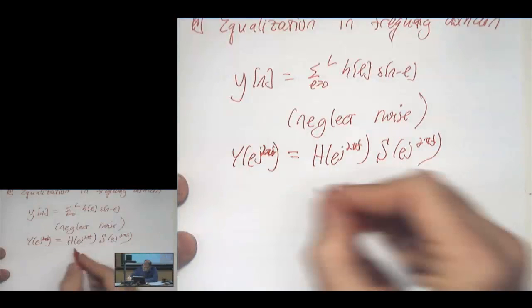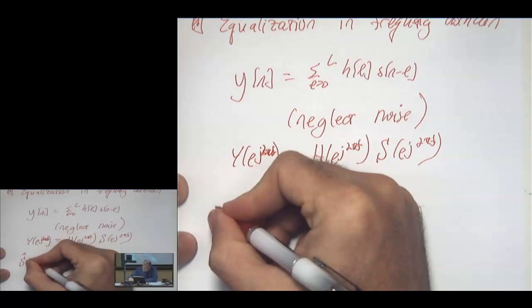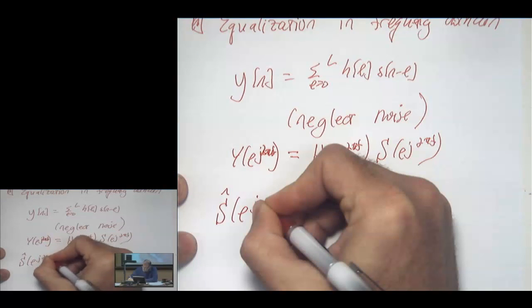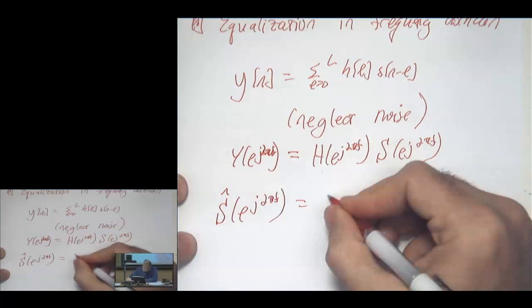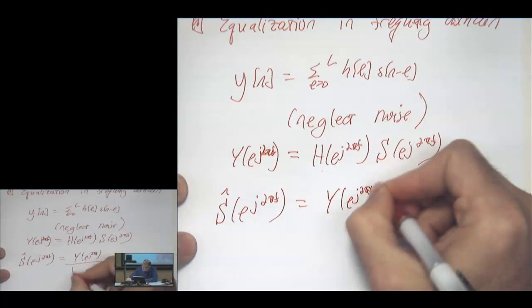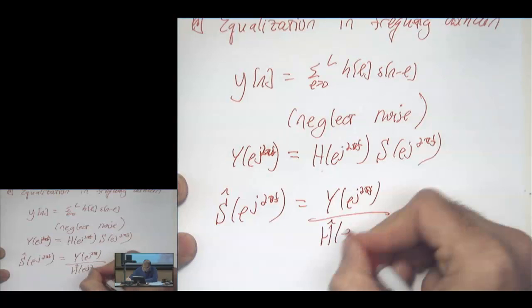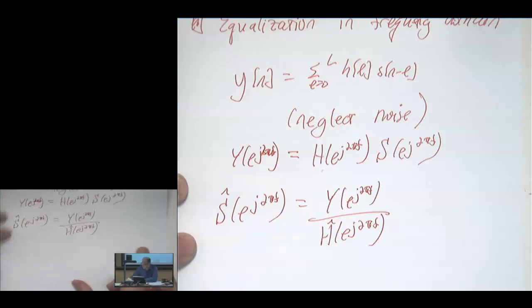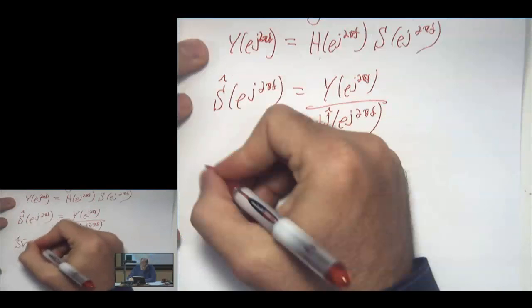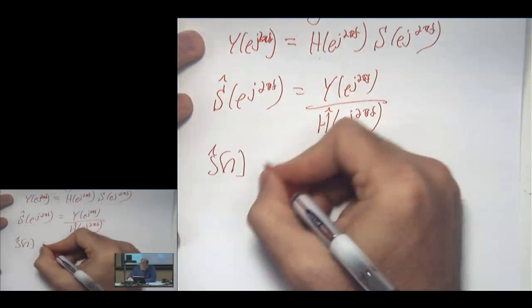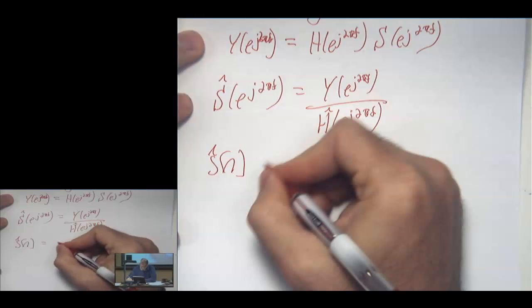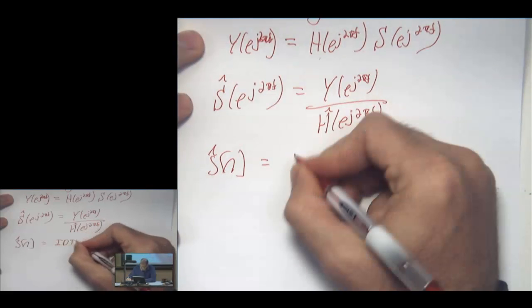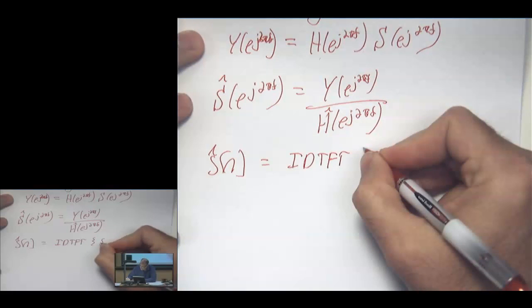We have our estimate of h, so we get out our estimate, let's say S-hat(e^{j2πf}) equals Y(e^{j2πf}) divided by, let's call it H-hat(e^{j2πf}). And then we get out our symbol sequence s-hat[n], equal to the inverse discrete-time Fourier transform of S-hat here.